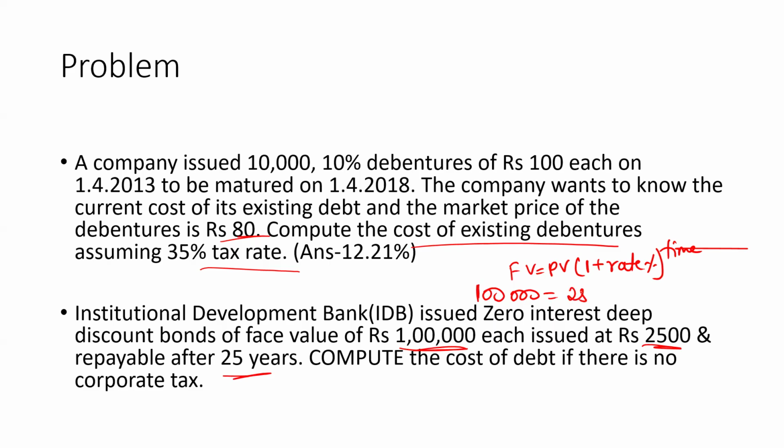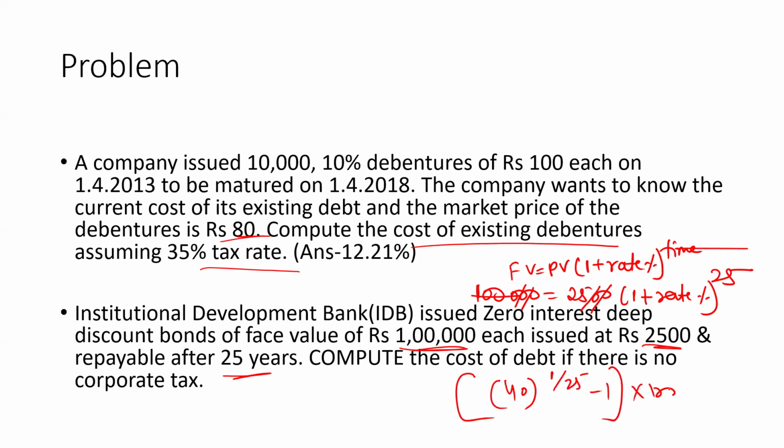What you are paying is 2,500, into 1 plus the rate of interest, which is your cost of debt, to the power 25. So if you bring it here, the zeros cancel, and 25 fours is 100, so this is 40. 40 to the power 1 by 25, minus 1, into 100 will give you your cost of debt.